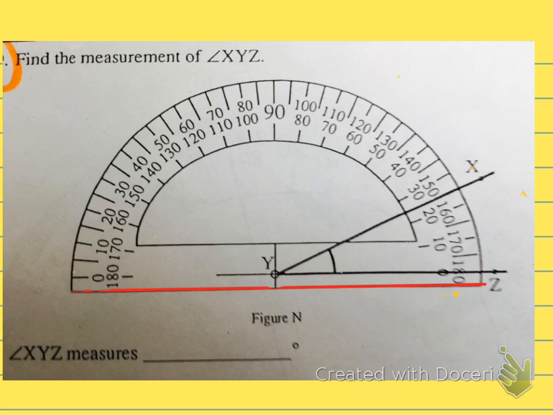Now we're going to start our movement around the edge to measure at 0. We're at 0, 10, 20, 30. Look, our line intersects our protractor somewhere between 20 and 30 degrees. In this particular situation, it looks like it's about halfway between 20 and 30.